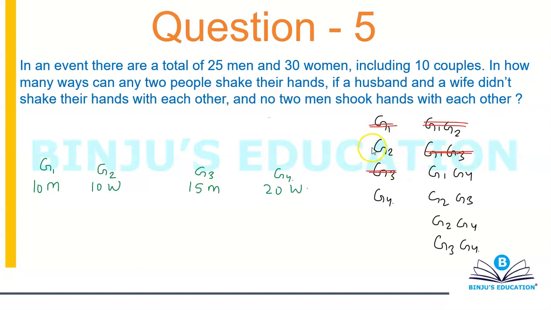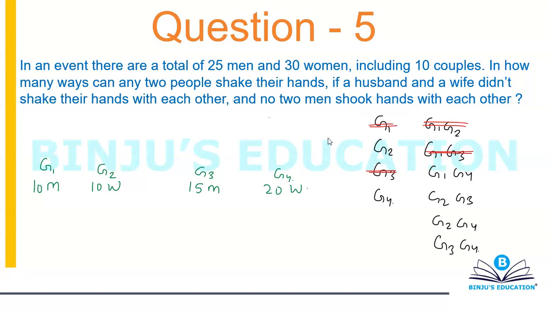Now when we are talking about shaking hands, whether person A shakes hands with B or B shakes hands with A, it's one and the same thing. So you will not take permutation into account. You will simply take selection or combination, because with permutation you would count A shaking hands with B and B shaking hands with A as two different scenarios, but that's not the case.